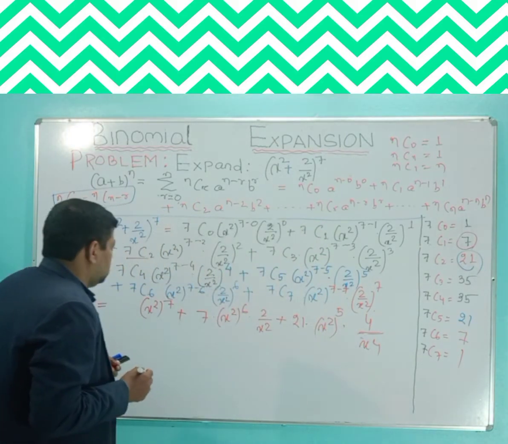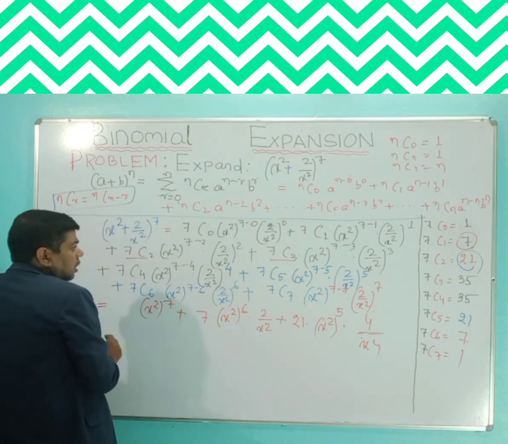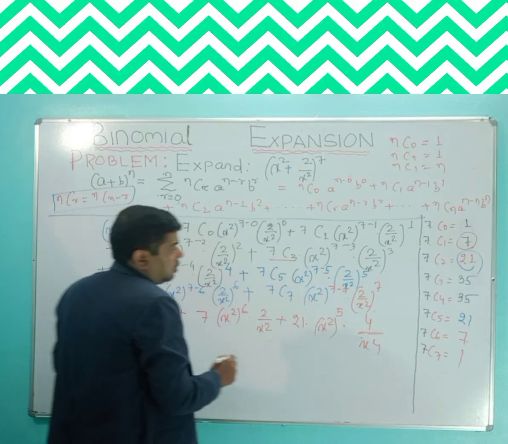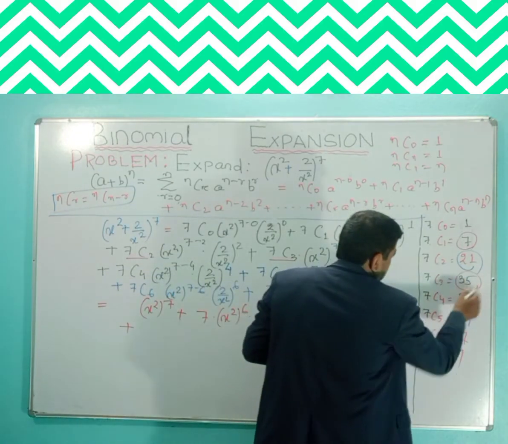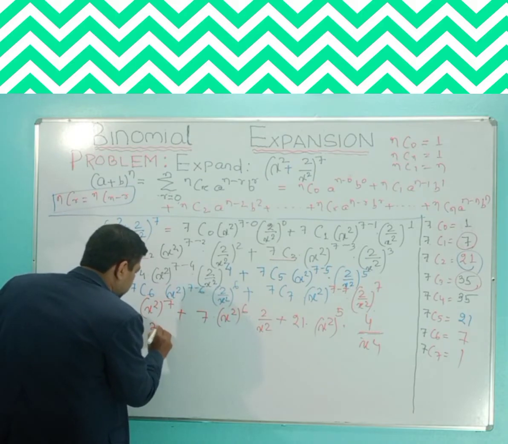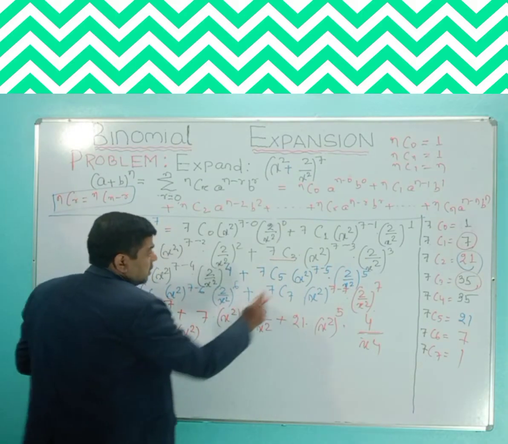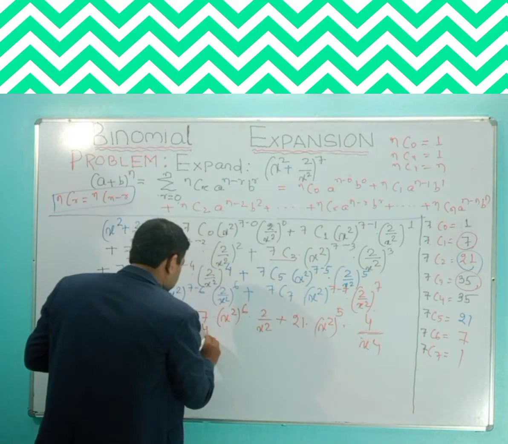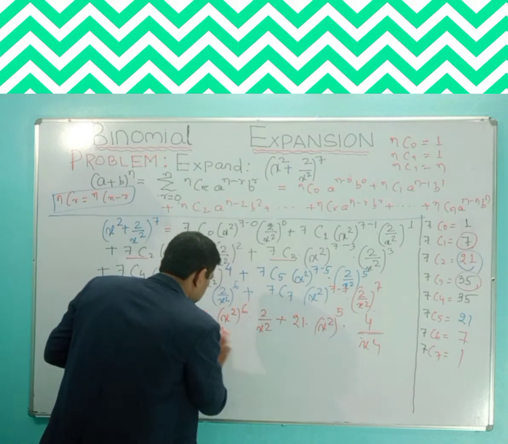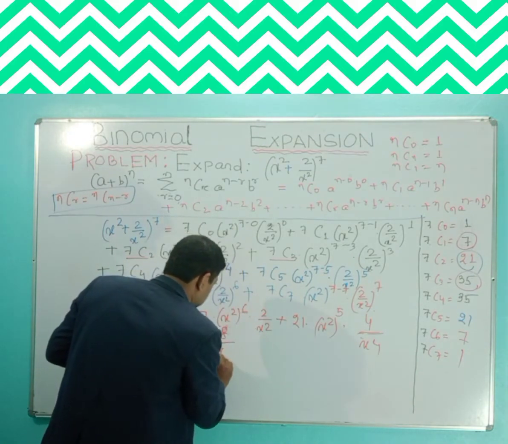Okay, this is 7c2. The next value is 7c3. What is the value of 7c3? You can see here 35. So write down 35, into x squared whole to the power 7 minus 3, which is 4, into 2 to the power 3, which is 8, divided by x to the power 6.